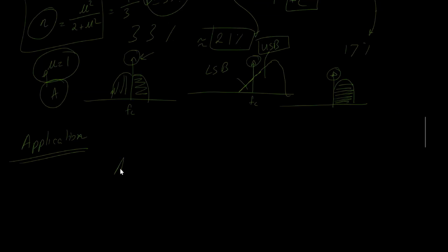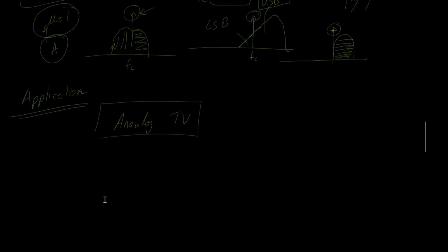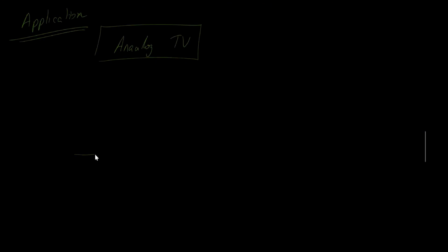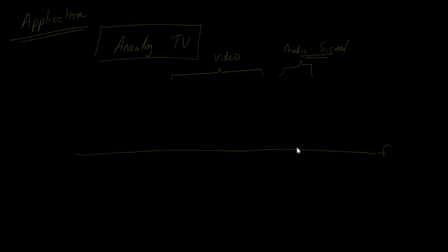In terms of applications, where do we use this VSB? Let us consider analog TV, that is the terrestrial television signal. In this TV signal, basically we are using two schemes. Let us again visualize the spectra, and we have a video signal, and then we have an audio signal. Say this is the carrier frequency of our audio signal.